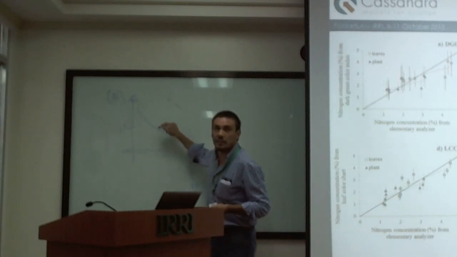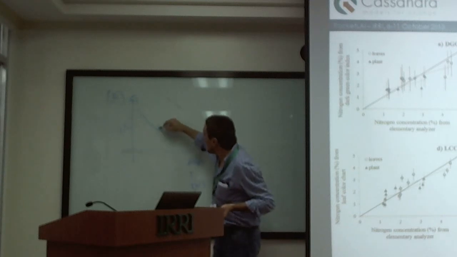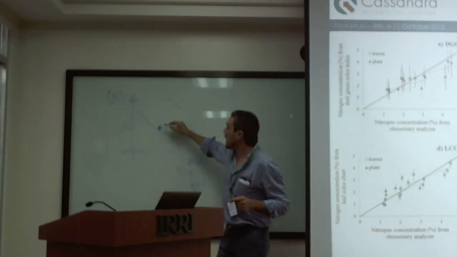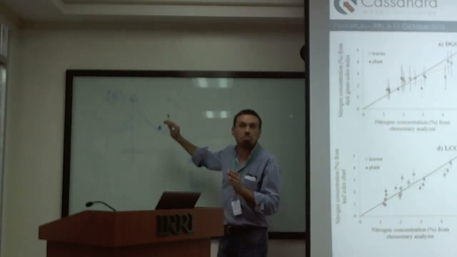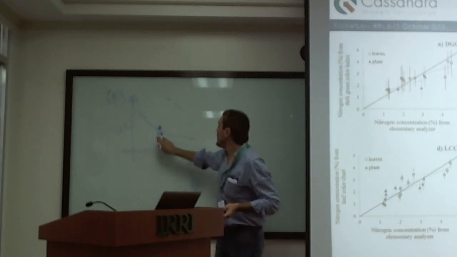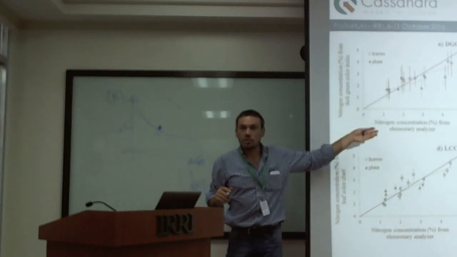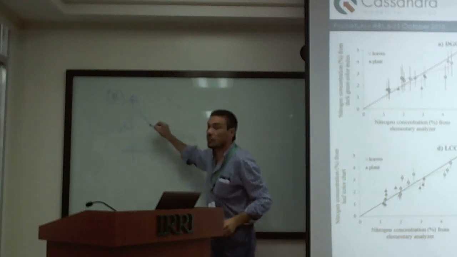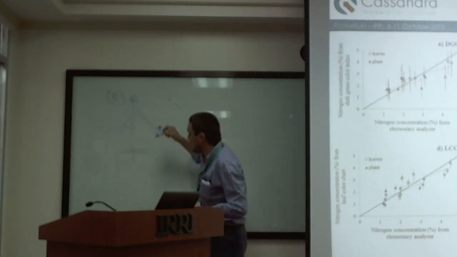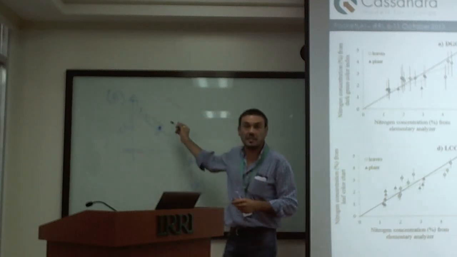In this case, critical means that if you are here, the plant is not stressed. If you are here, the plant is stressed. So if you have the measure coming from the dual-X or the leaf color charts, and you don't have this curve, you cannot say whether the plant is stressed.